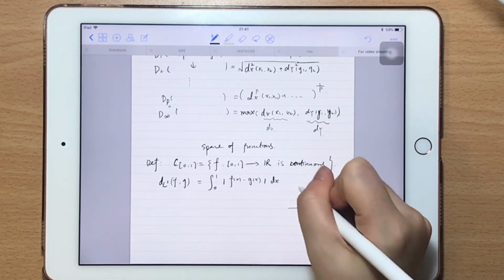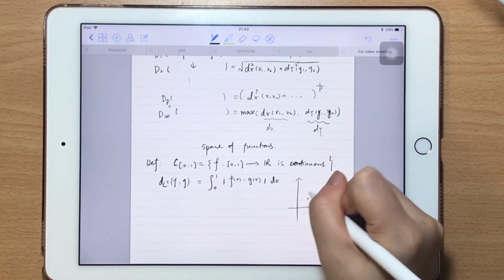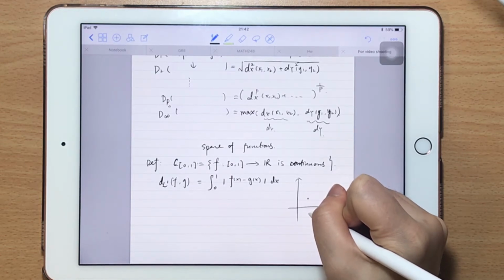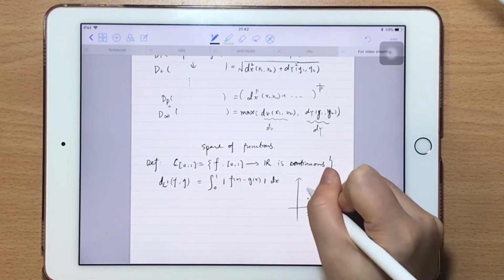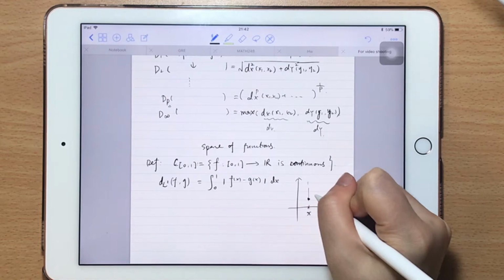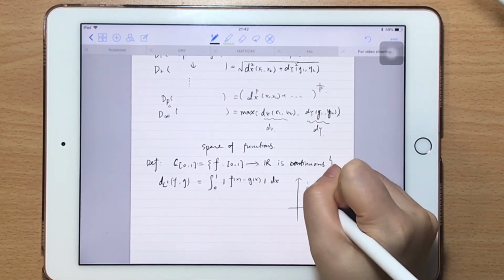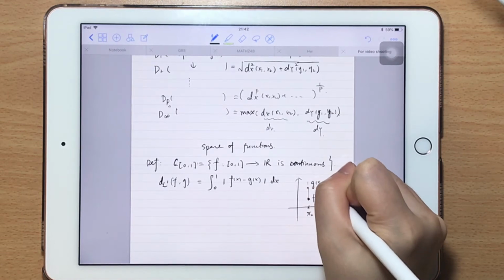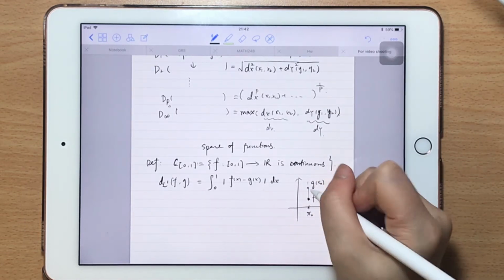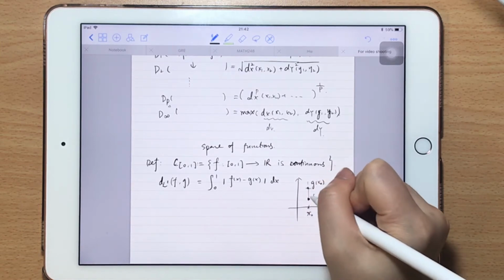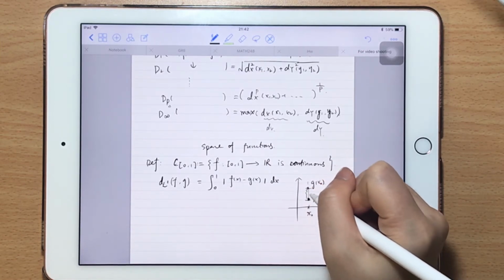So just imagine if you are given 2 points, for the same x, maybe x naught. Here is f(x naught), here is g(x naught), and you want to calculate the difference between the 2 points. You simply take the difference between these two values, right?